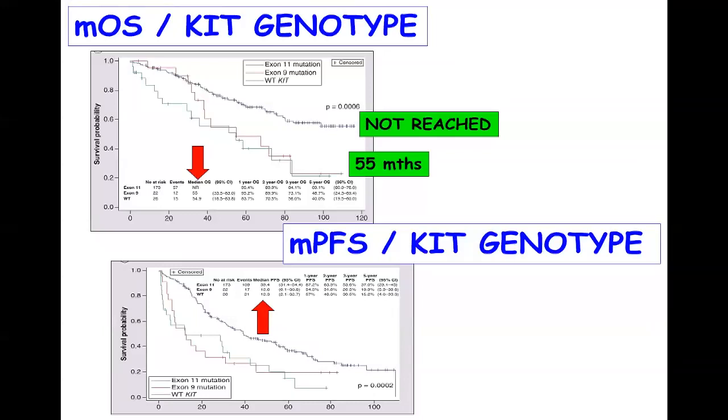And same result in terms of median PFS according to KIT genotypes, with median PFS of 39 months in exon 11 and around 12 months in exon 9 or wild type.